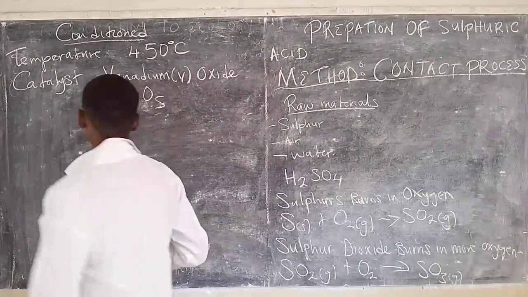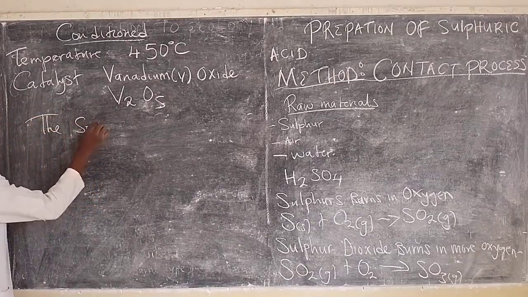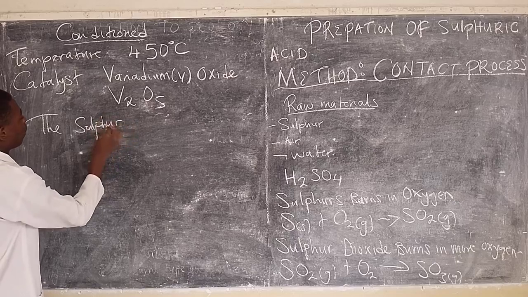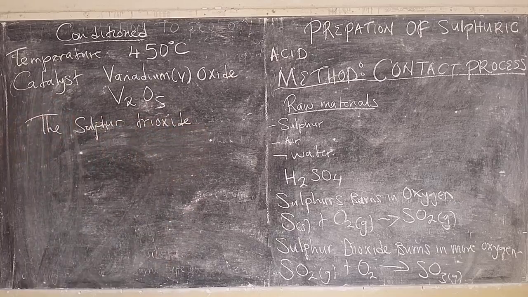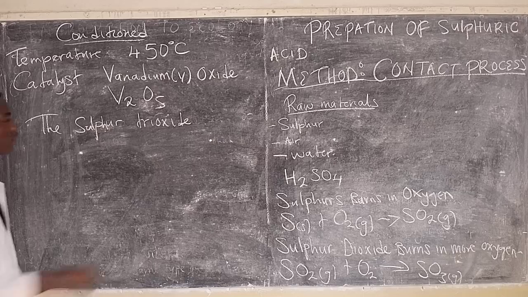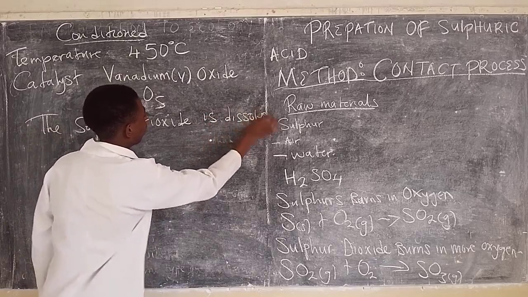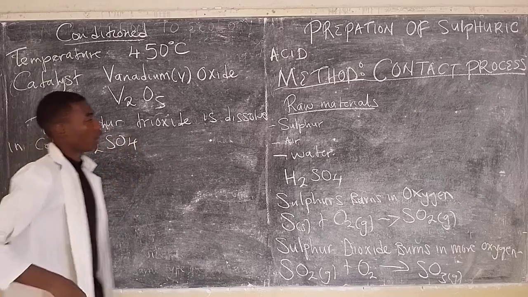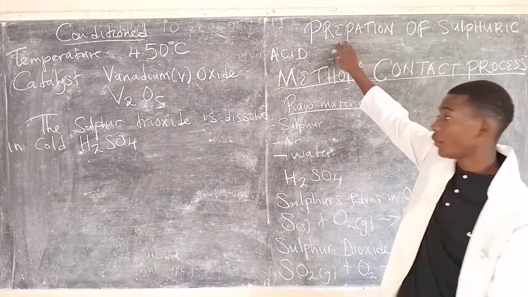Then from there, the sulfur trioxide is dissolved in cold, already made sulphuric acid.